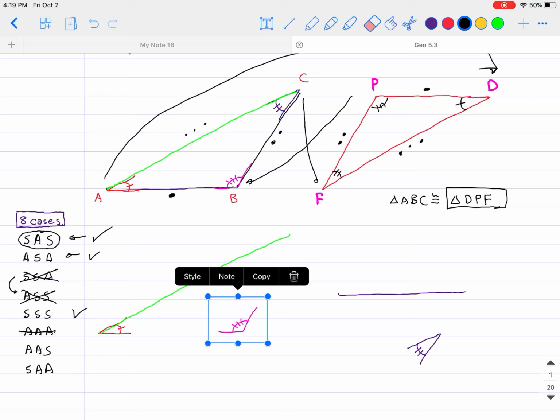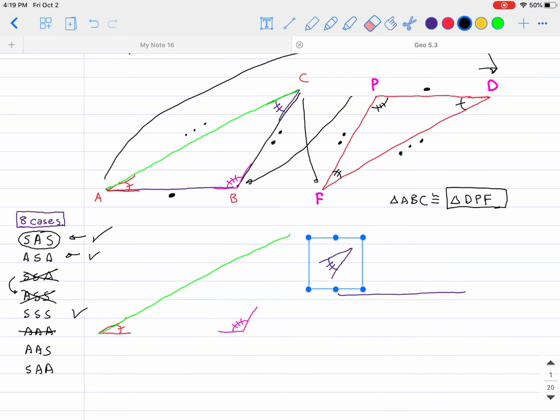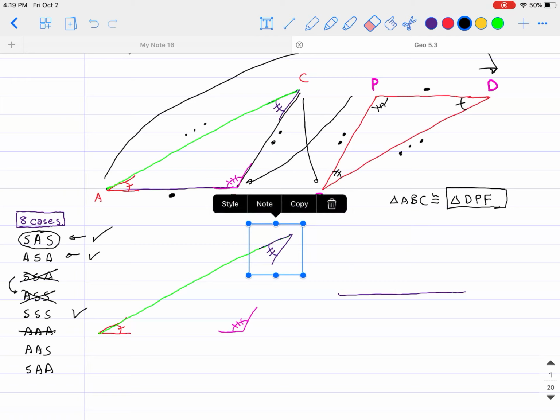But if you have dealt with geometry in the past, and this is something that we have to prove in the near future, in a triangle, the sum of the three interior angles adds up to 180 degrees. So what that means is if you know these two angles, then you technically know the third.